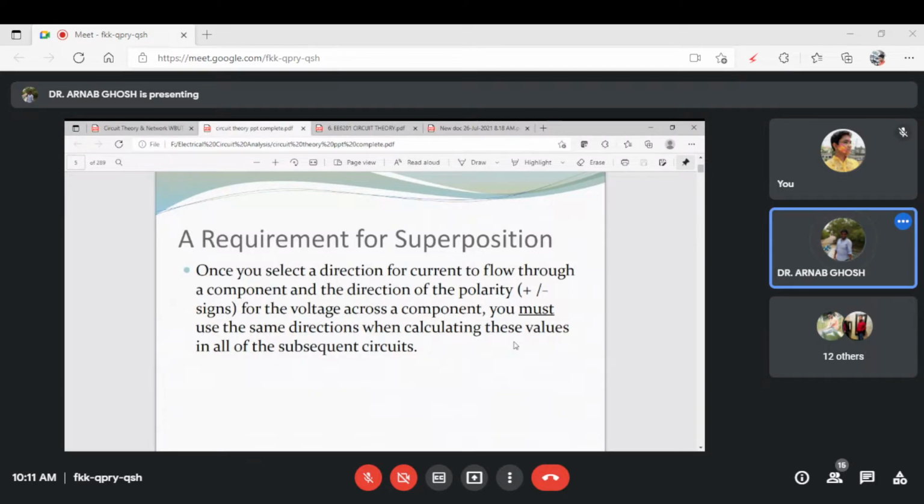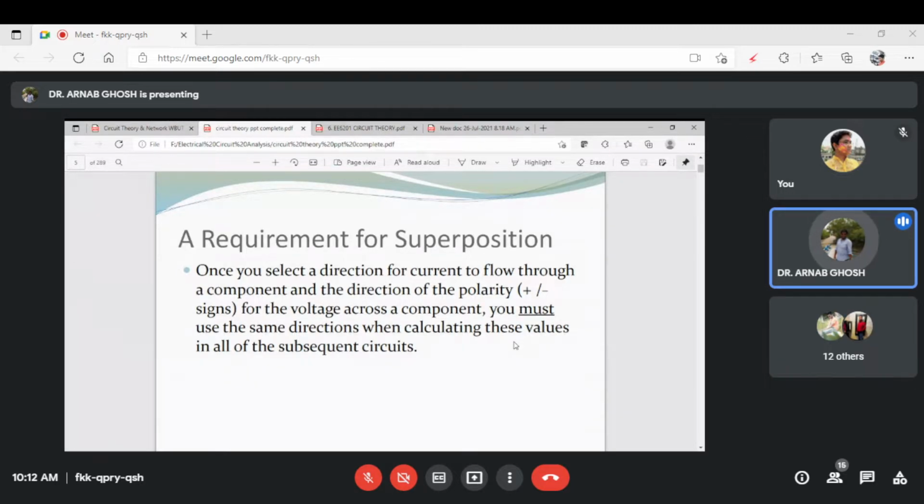One more thing I would like to tell you, that the superposition theorem is applicable for both AC and DC. For now, we will be just doing the DC circuits. Later in the syllabus, we will be doing superposition theorem or network theorems for AC circuits as well.